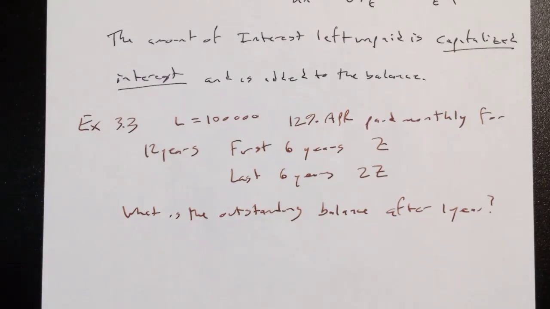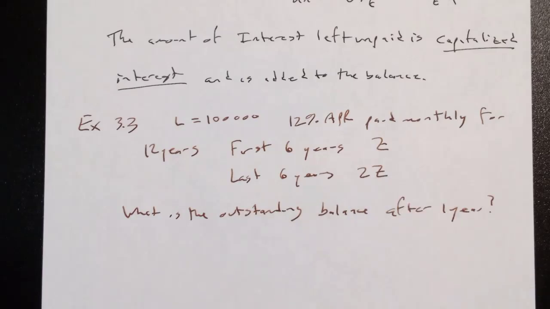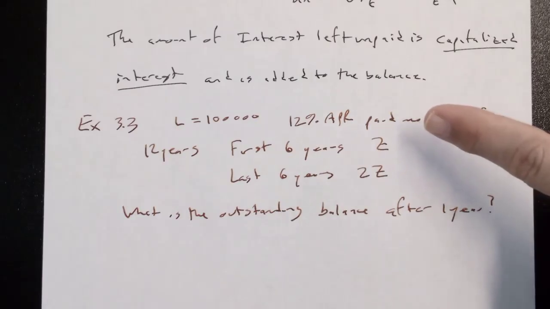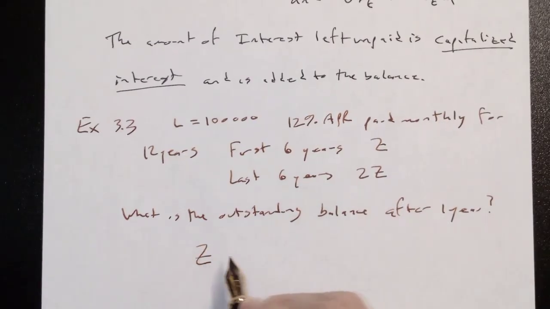Okay, the first thing I need is to know what my payment is. So let's figure this out. I've got 6 years worth of payments at whatever Z is. That's a level annuity for 6 years at a per period interest rate of 0.01. So I know that for the first 6 years, payment is Z, 72 payments at 0.01.